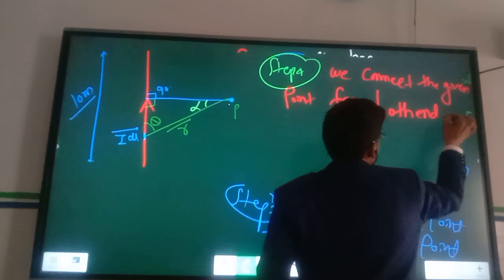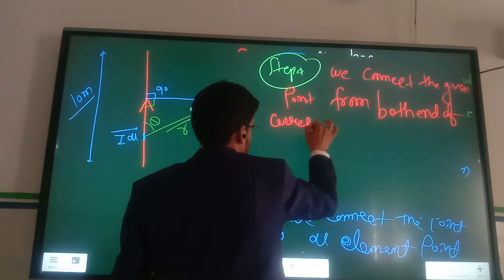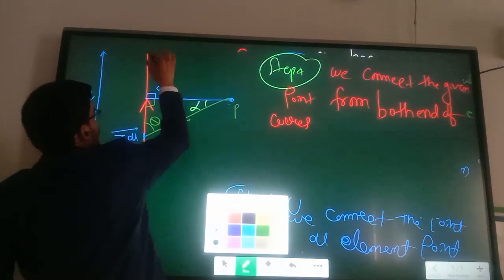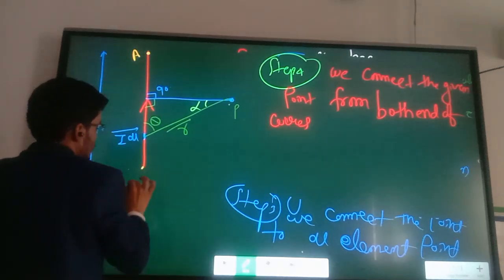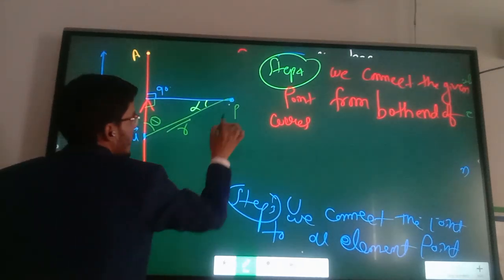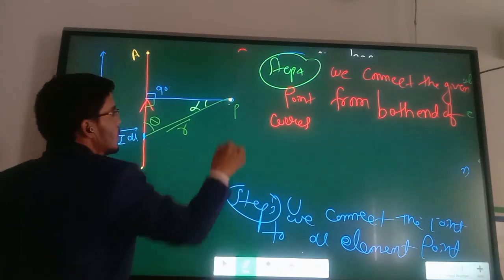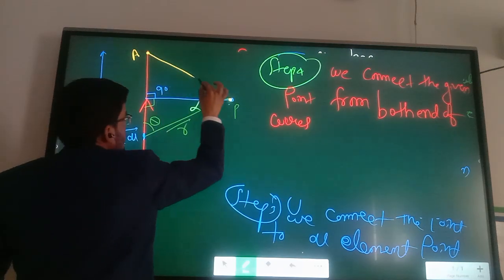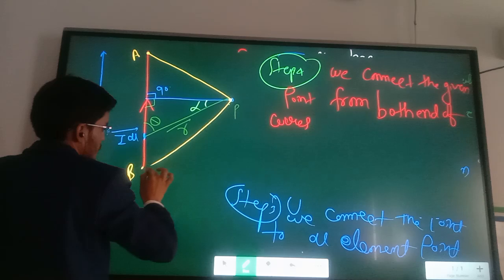Both ends of the wire means that suppose we have two ends of the wire. This is the first end and this is the second end. The point at which we have to calculate the magnetic field, we connect to the end points of the wire.